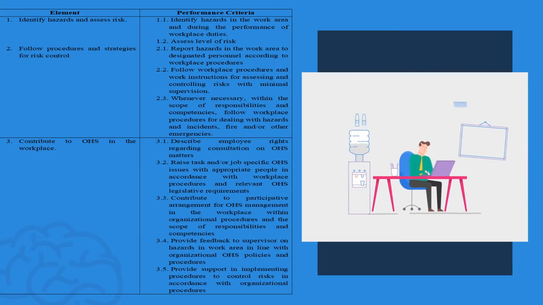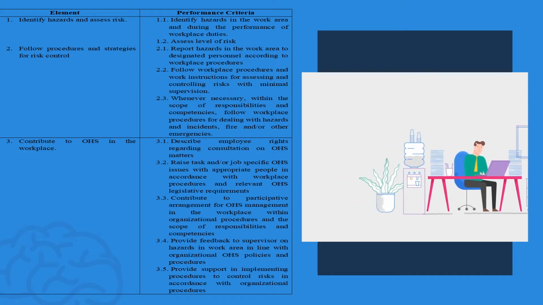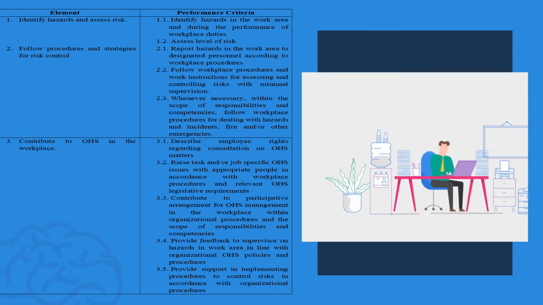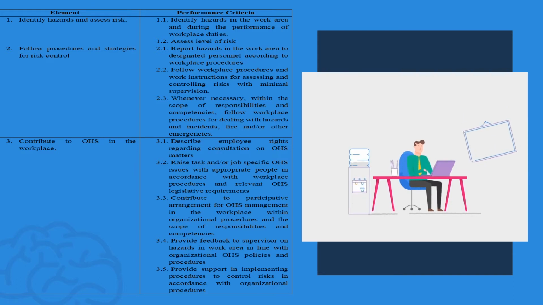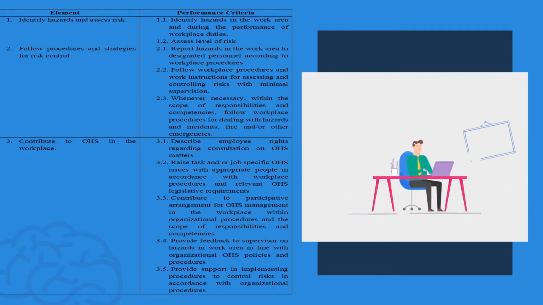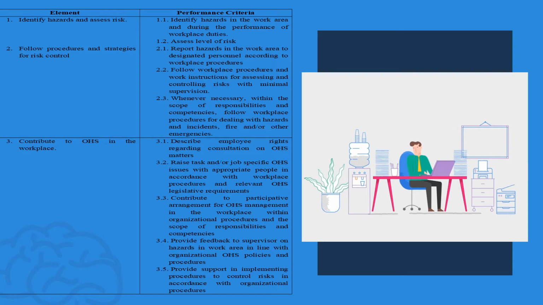This table shows different elements and their corresponding performance criteria to be able to identify occupational health and safety hazards and assess risk, as well as follow instructions and procedure in the workplace with minimal supervision. Please see attached table.